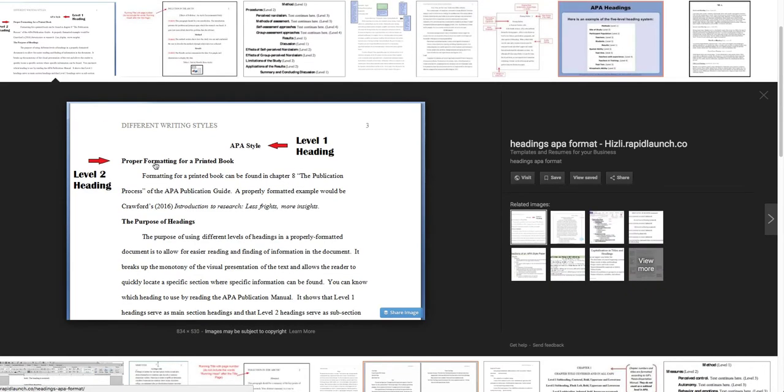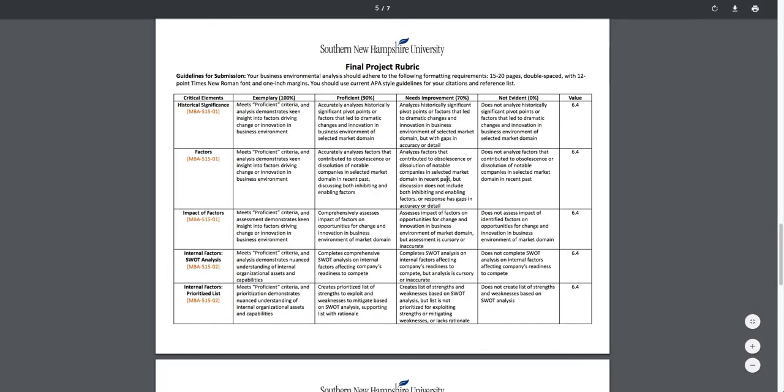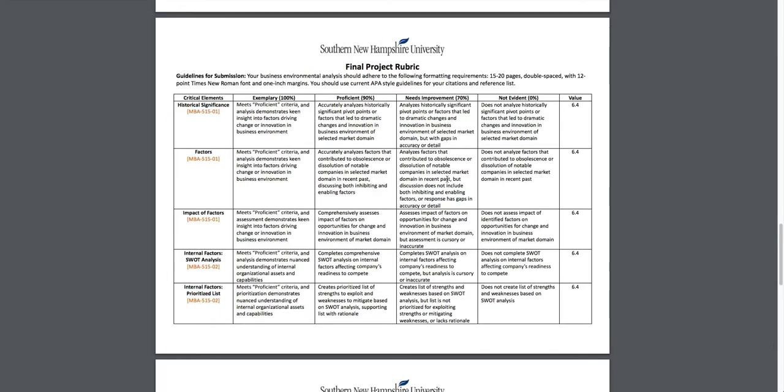Let's just say that you're writing. This is a heading. This is a heading. When you use headings in APA, it actually helps the reader quickly move to the information that they're looking for. And you say, well, shouldn't the professor read the entire paper? The professor does, which is me, read the entire paper.